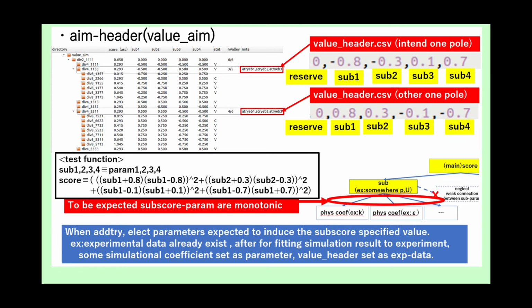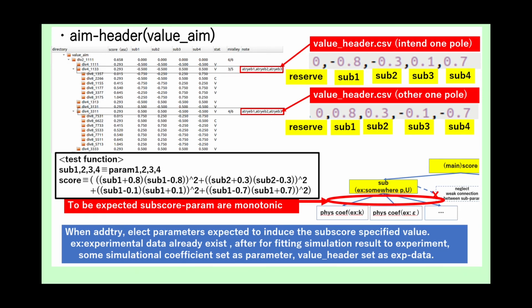Value aim is chasing some parameter so that the subscore becomes close to a specified value. Practically, set the specified subscore value in value header CSV. After, if aim header of some subscore is set to value aim, the bound parameters are induced.